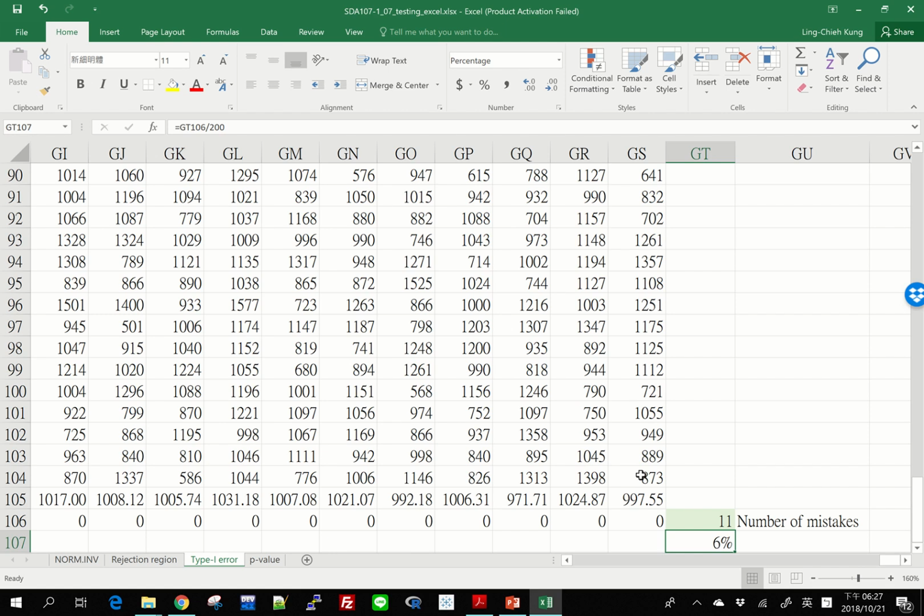If I do 2 million experiments, 2 billion experiments, you will see this number exactly, I should say almost exactly 5%. But because we only have 200 experiments, sometimes you still see a large number. But for each independent experiment, before you do that experiment, that theoretical type 1 error probability is 5%.